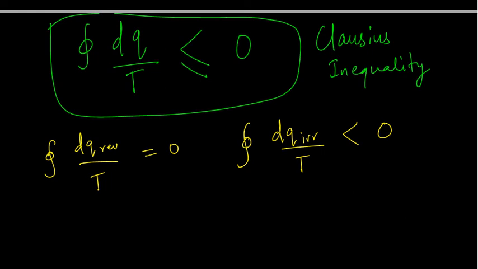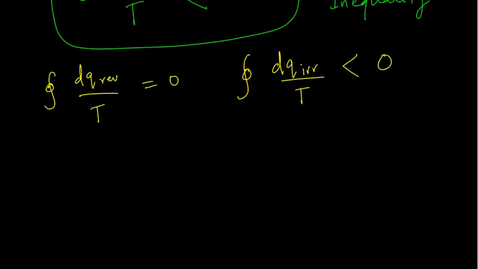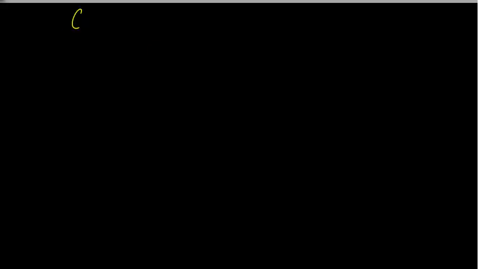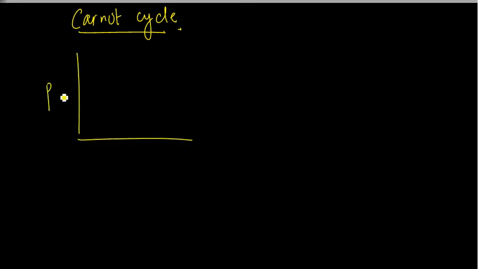I'm sure some of you have heard about the Carnot cycle. Now what you do in a Carnot cycle is do some reversible changes. So let's see on the pressure volume diagram what these changes look like. I start from one point over here, and I do an isothermal expansion.